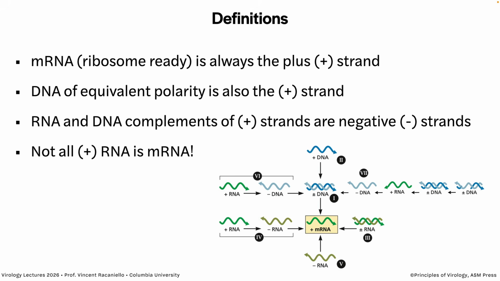RNA and DNA complements are the negative strands. So the complement of mRNA would be a minus strand. And remember, as I've just alluded to before, not all plus RNA is mRNA. And what I mean by that is just because an RNA is plus stranded does not mean it's going to be translated. An mRNA is something that is translated into protein.